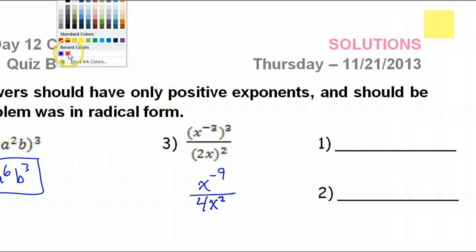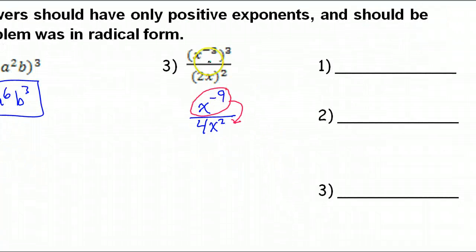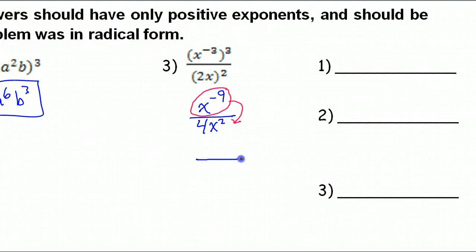Now, this is going to move. If you have a negative exponent, you are on the wrong side of the fraction and you must come down. So, on the next step, this is going to become 1 over. See, my 4x squared stays right where it is.